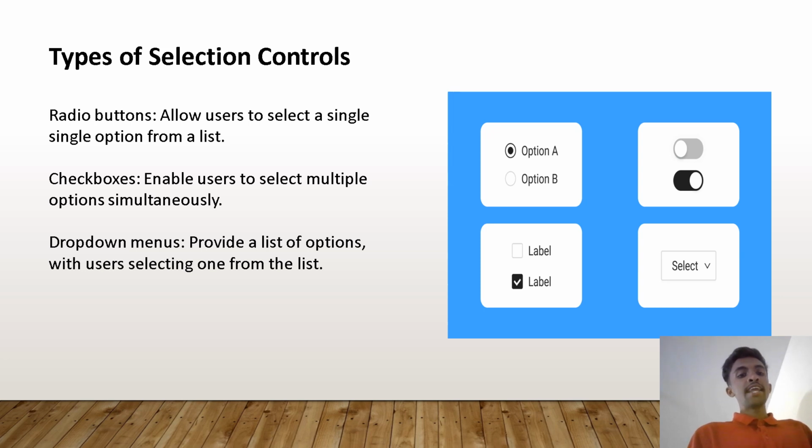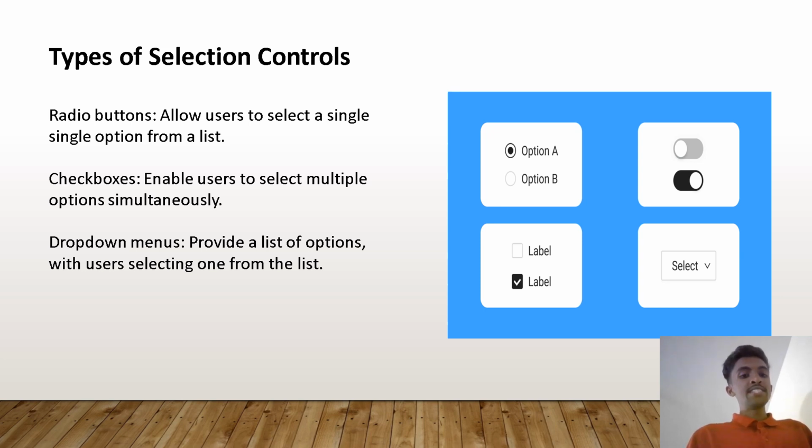That is Narendra Modi. In the options, we get Narendra Modi, Indira Gandhi, Jawaharlal Nehru, and Rahul Gandhi. So these four options will be there, and we choose the right option, that is Narendra Modi. In such cases, radio buttons come into the picture.